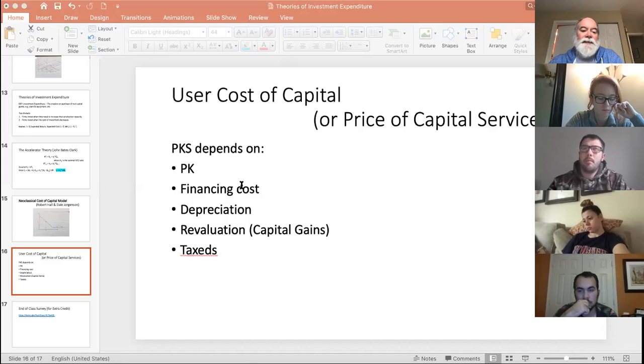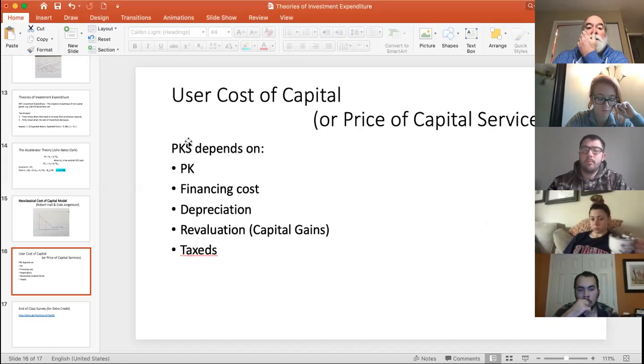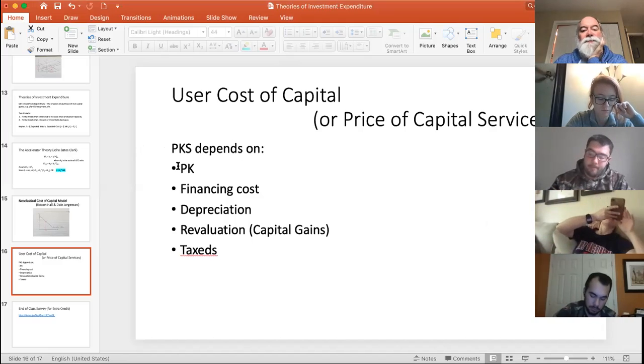Well, the answer is it depends on a handful of factors. Okay, the first is the price of the truck. In the slide here, it says PKS depends on PK, the price of the capital asset itself.